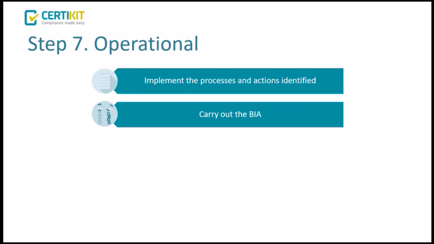These, again, depend upon the scope of your management system, and can be very intense. If you're going to use a business continuity management system that's going to cover the whole of the organization, your BIA is going to be quite big.